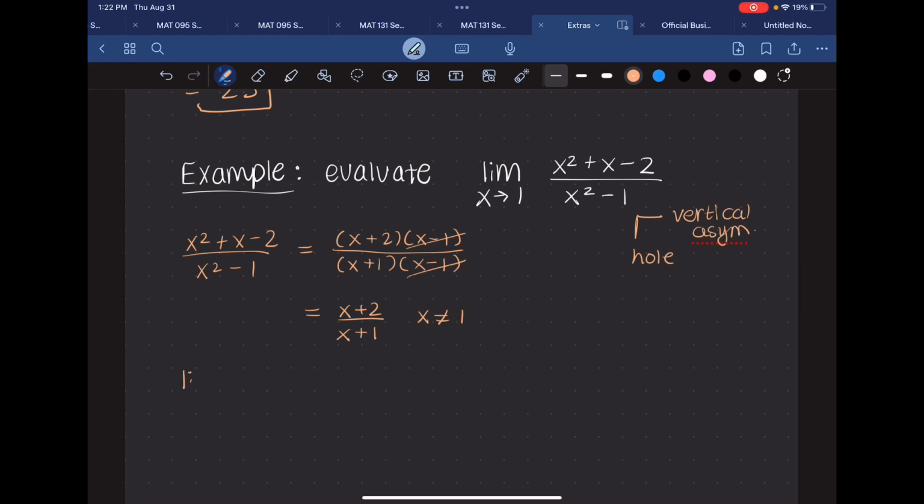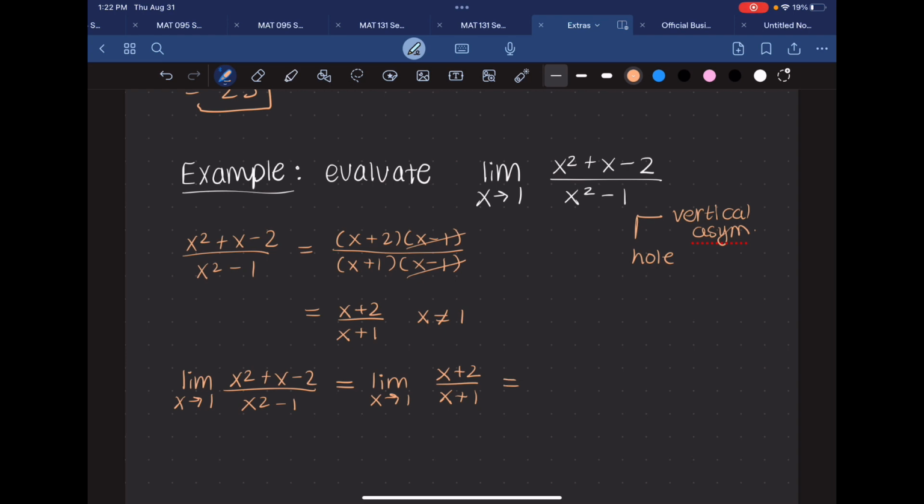So when we're looking at the limit as x goes to 1 of x squared plus x minus 2 over x squared minus 1, since the limit isn't actually looking at the exact function value, and we're looking around the function value, since our limit is looking at what's happening around x equals 1 and not exactly at x equals 1, we can make the substitution that this is equal to the limit as x goes to 1 of x plus 2 over x plus 1, and now we can plug in x equals 1.